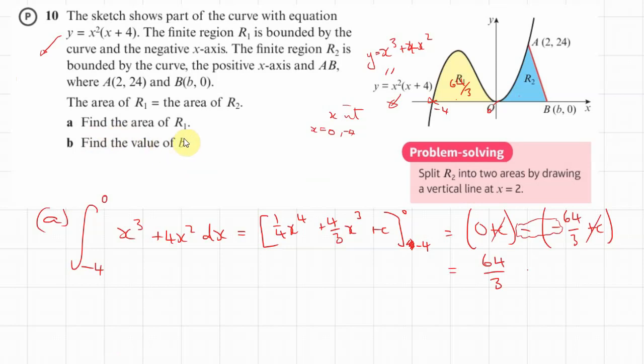It wants us to find the value of b for part b. How we're going to do that is, well, if we integrate, I'm going to get a different colour for this, if we integrate the function between 0 and we know that this is 2, we're going to find what I'm shading in green.